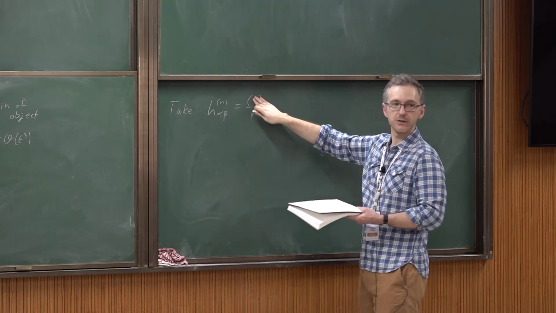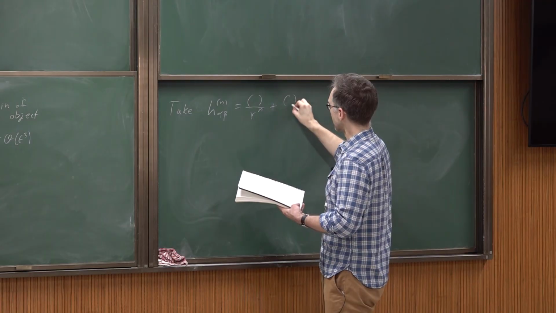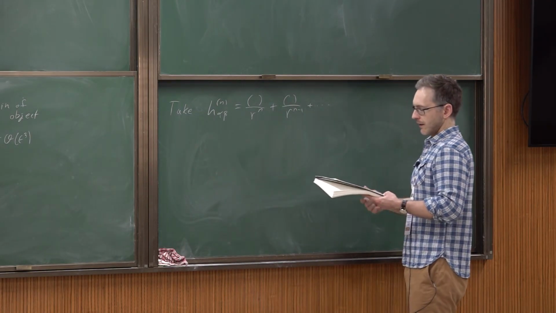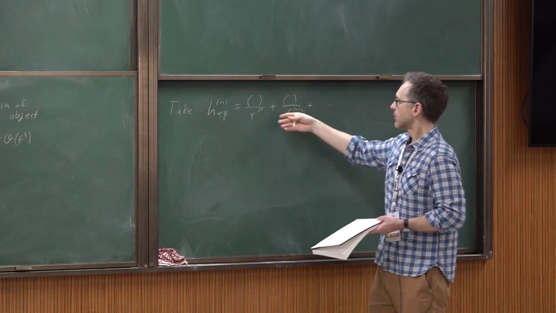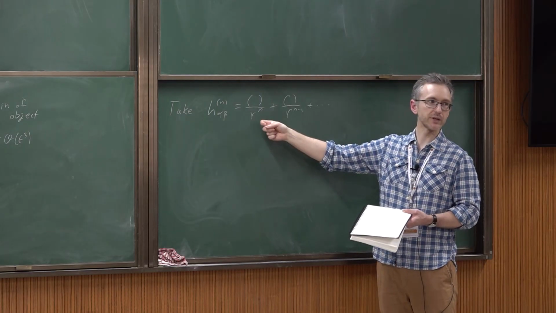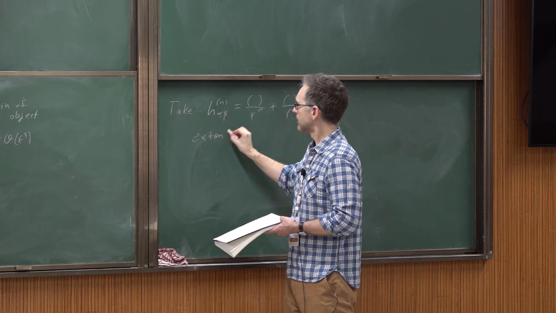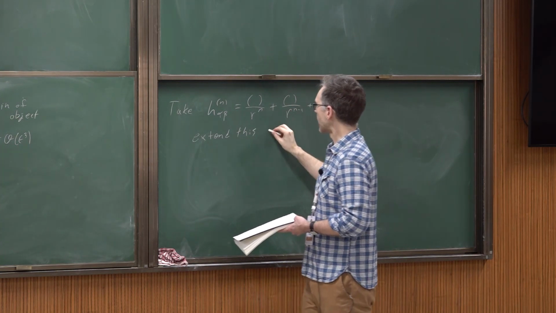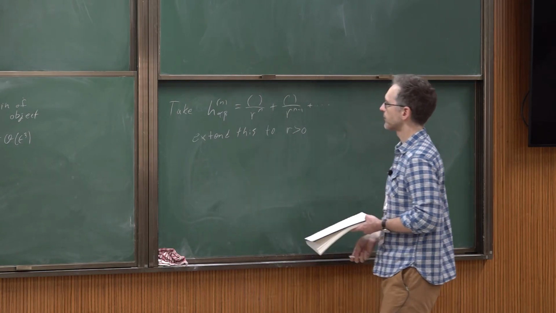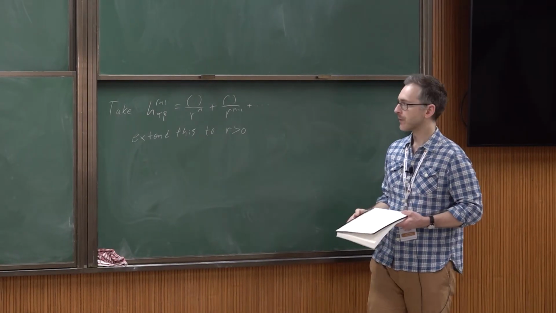You do need to know what this something is, but you find it just by solving the Einstein equations, r to the n minus 1 plus and so on. And now, like I've been saying, once we have this analytical form, we can let it apply all the way down to r equals 0. So let's extend this to all r bigger than 0. Obviously, we can't really extend it to r equals 0 because it's not defined there.